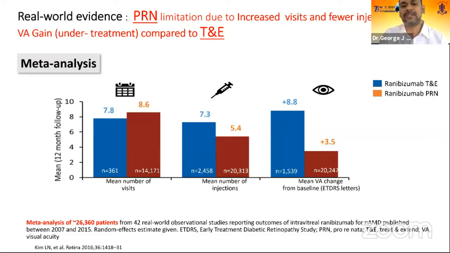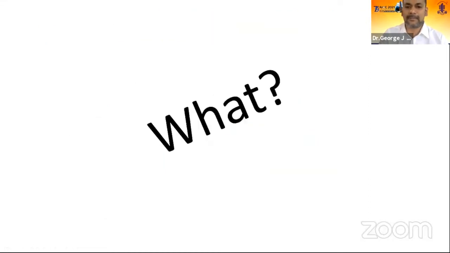We have fewer injections, but the monitoring visits remain monthly, so too many visits and less visual acuity gain compared to treat and extend. Probably this is an under-treatment or suboptimal treatment, which is followed in many places.